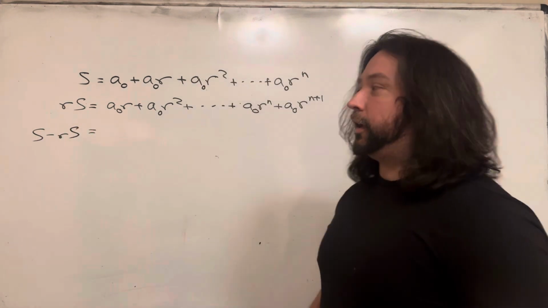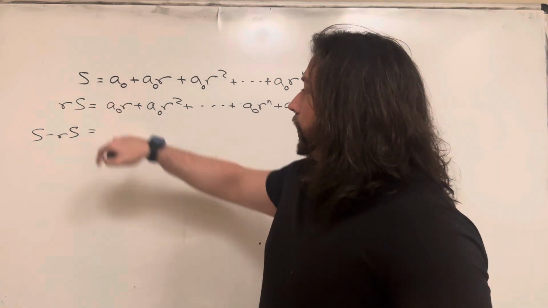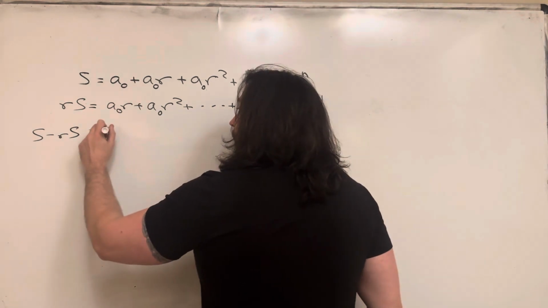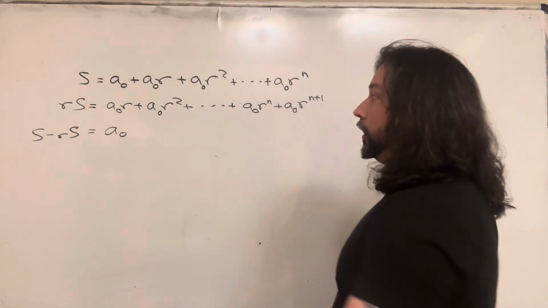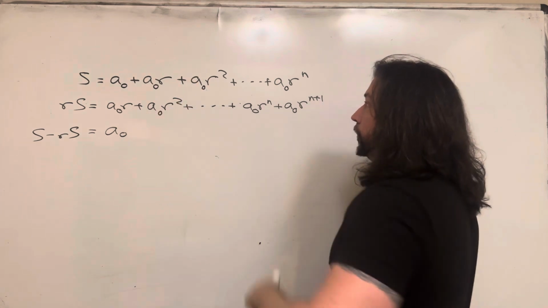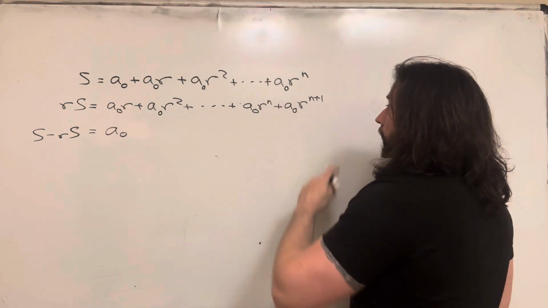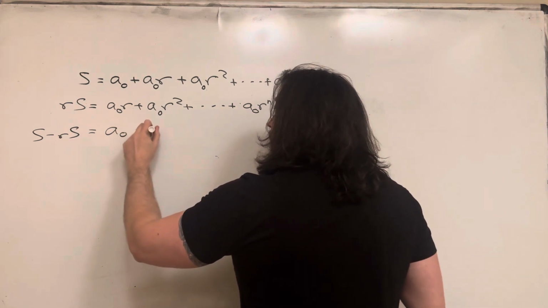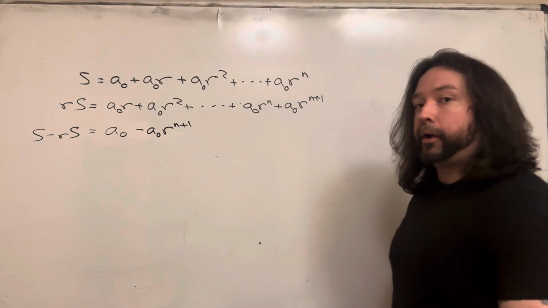I've never really liked that, but I'm going to be consistent with how you're probably taught. And so in this case, we're going to have a naught, right? Because there's no a naught term by itself here. But then notice this term cancels, this term cancels, this term cancels. In fact, it goes on all the way up until we get to this term. So now I have minus a naught r^(n+1).